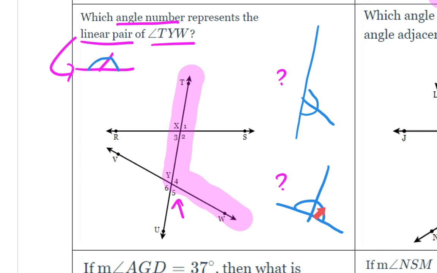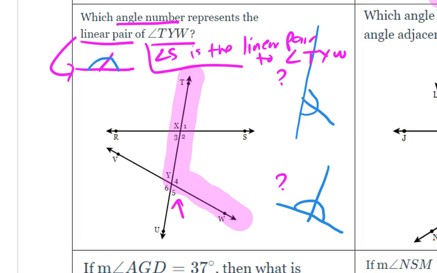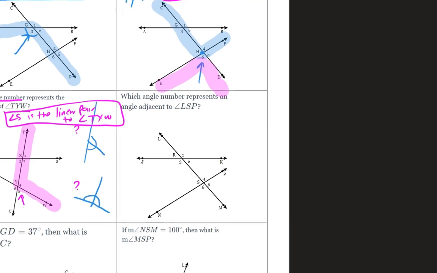If we did it like this, the angle would be Y. So since they want a number, it's 5. So we would say angle 5 is the linear pair to angle TYW. All right, let's keep it moving.